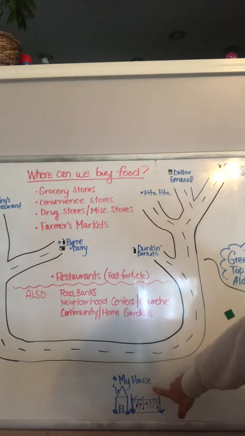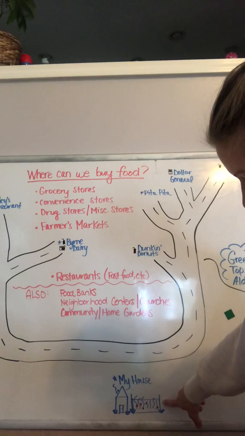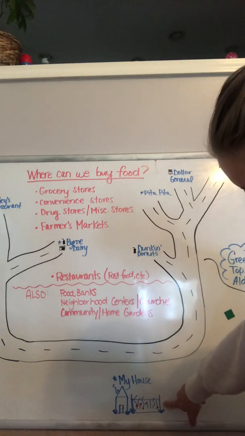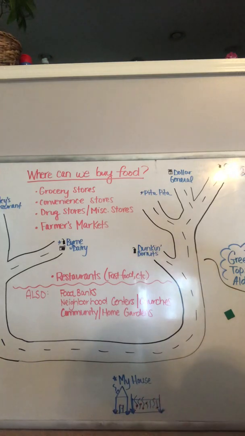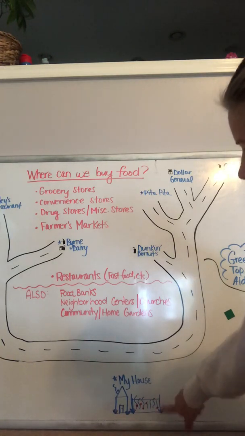So we have my house down here, and I also drew our little garden that we have in the backyard because that is definitely a place where my family and I get foods. When we make salads at night for dinner, we've got tomatoes and lettuce and peppers in there, so I added that on there because definitely a place where we get food.